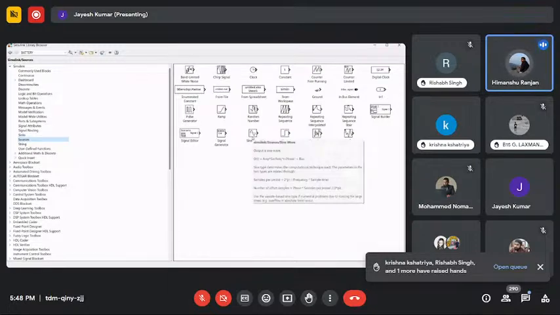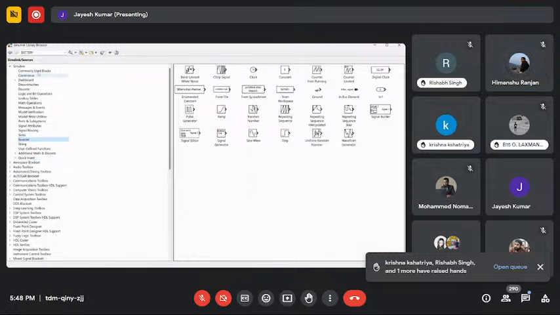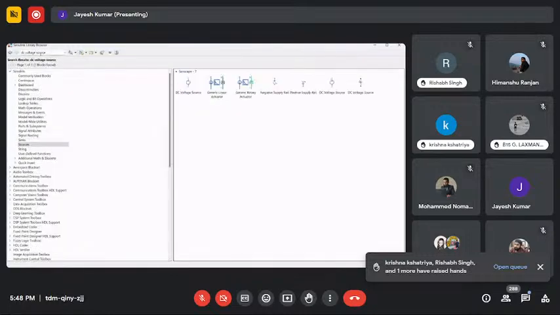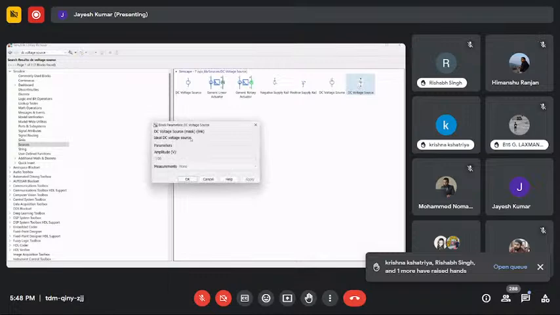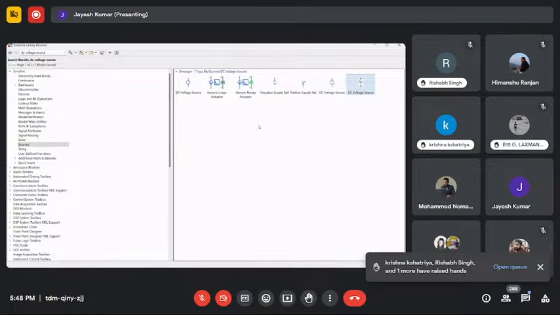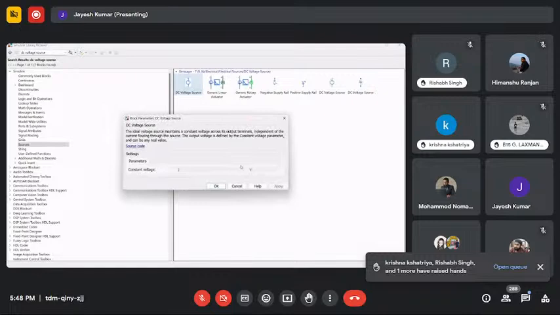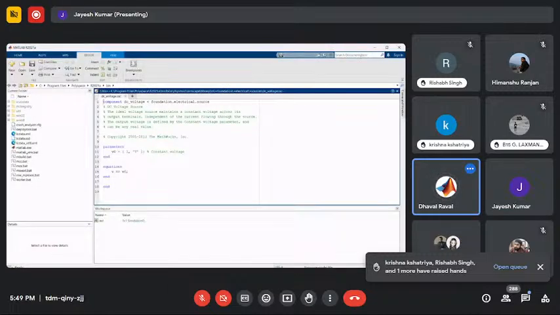The source is showing the last one, DC voltage source.